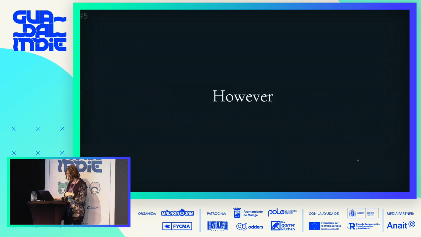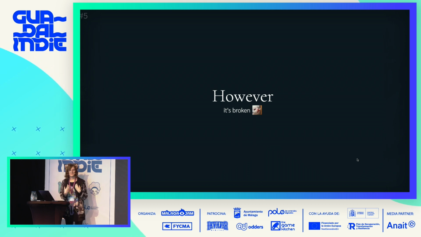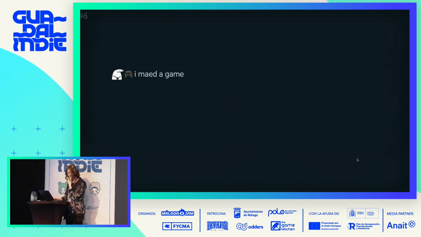All right. However, lerp smoothing has a problem. And the problem is that it's broken. It doesn't work. You might think it works. It looks great when you run it on your computer, but let's say you made a game, or rather, you made this lerp smoothing experience that you want to share with your friends.